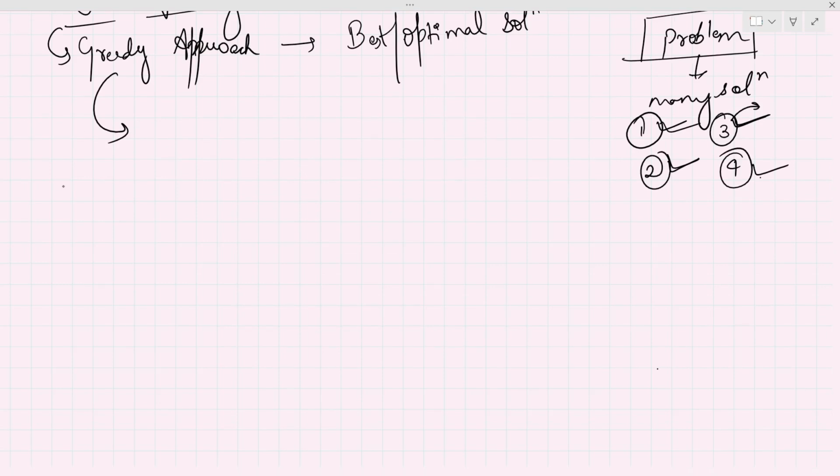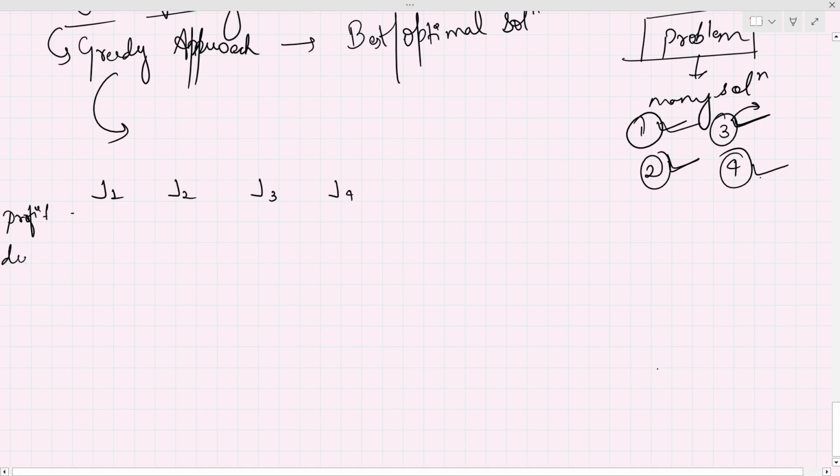Okay, so now let's see how we are able to solve this question. Job sequencing with deadline means we have some jobs, for example J1, J2, J3, J4. Let's say we have 4 jobs and we have some profit, and we have deadlines.